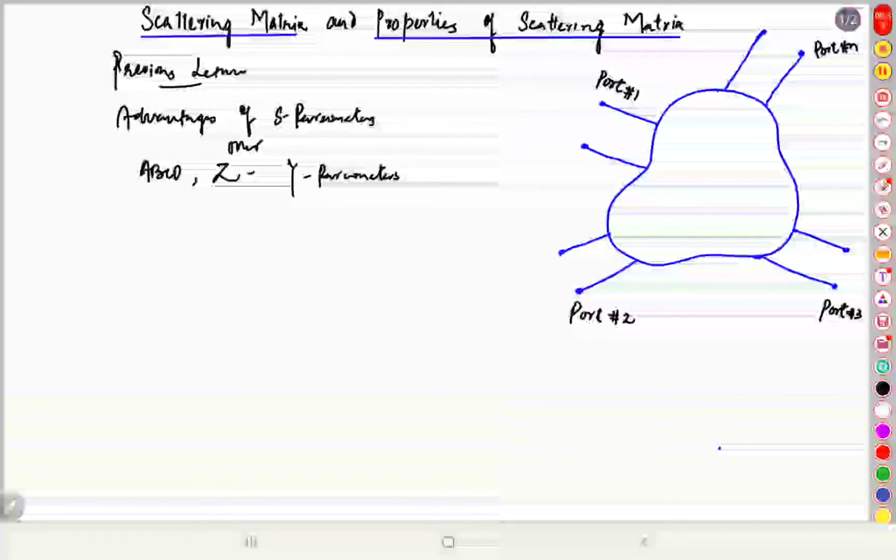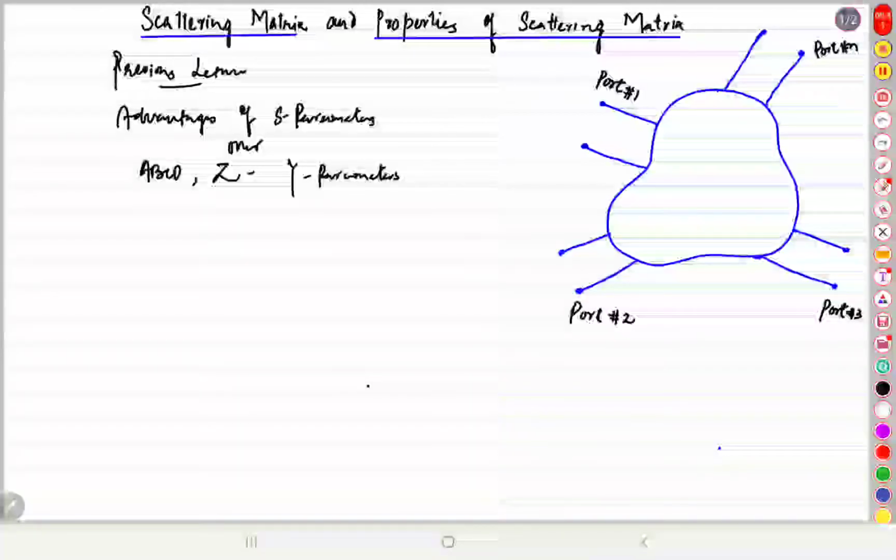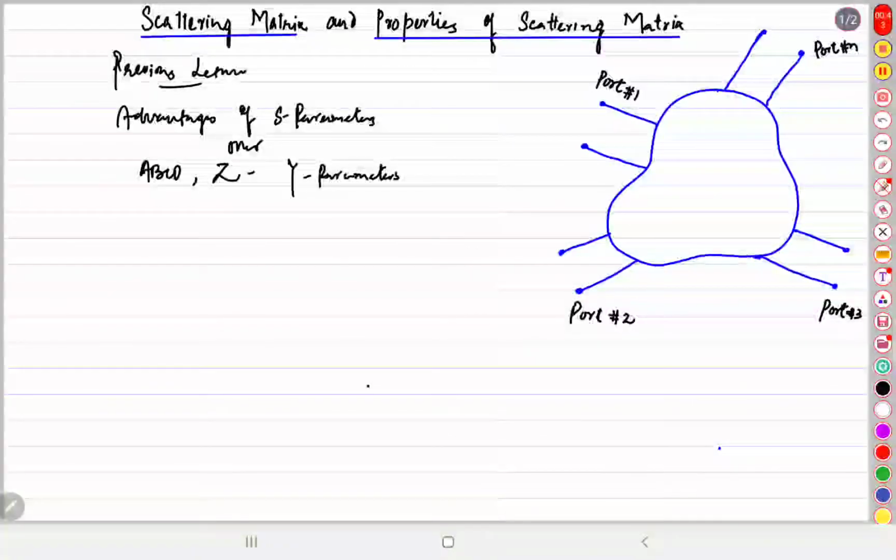In this lecture, we'll try to find the relationship between incident and reflected waves in terms of S parameters.